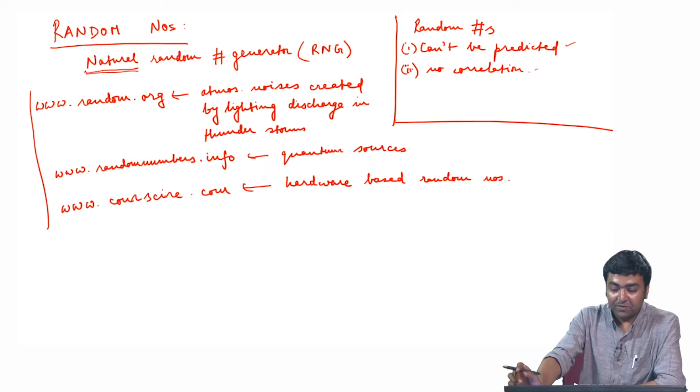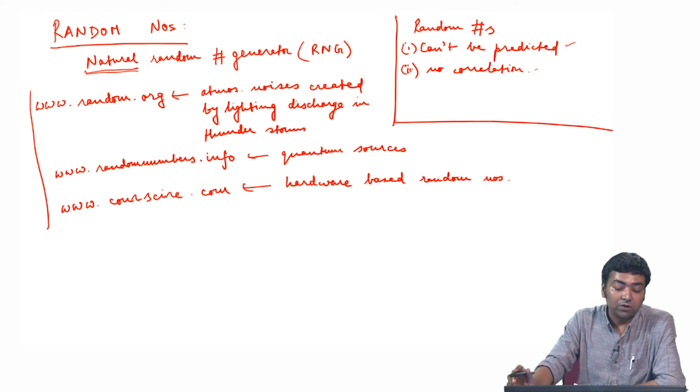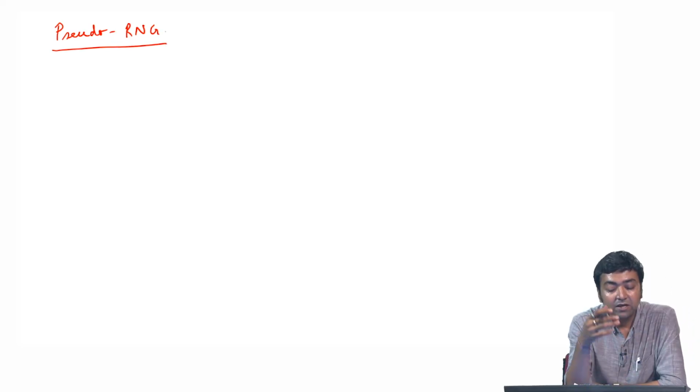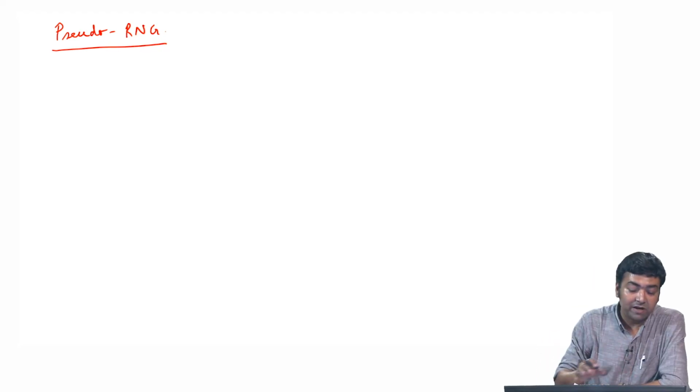But apart from these sources, our computers also have random number generators. These are called pseudo random number generators. These random subroutines come along with the compiler you are using. For example, in Fortran you have certain subroutines which generate a set of random numbers which are random to some extent, but not completely random in the true sense.